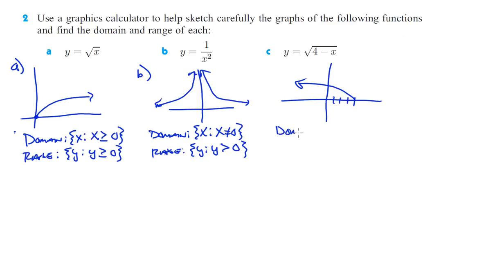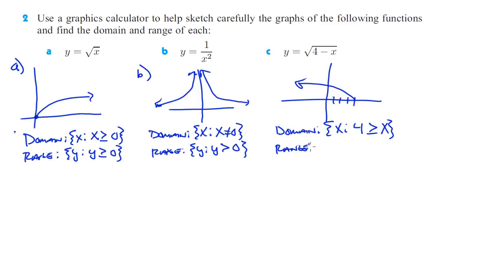So the domain on that one is going to be x such that, and if you'll notice, it's at 4 here, and then the x is just getting smaller and smaller and smaller. So I'm going to say that my x is getting smaller than 4, but it actually equals 4 as well. Or you could write x is less than or equal to 4 the other way around. That's fine too.